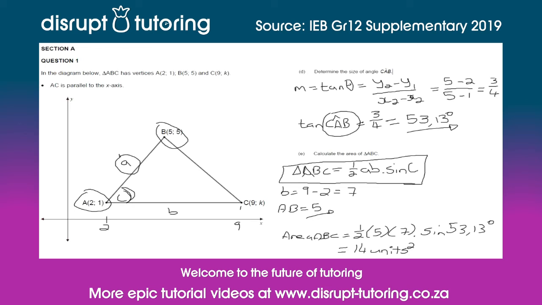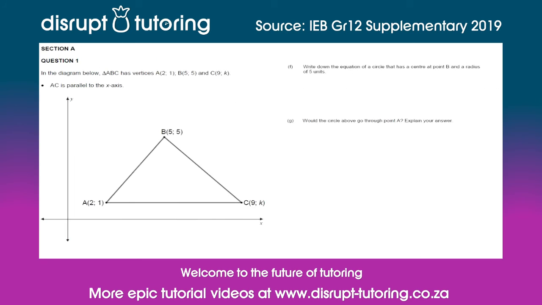So the answer is 14 units squared. Okay, and those are worth 3 marks each.